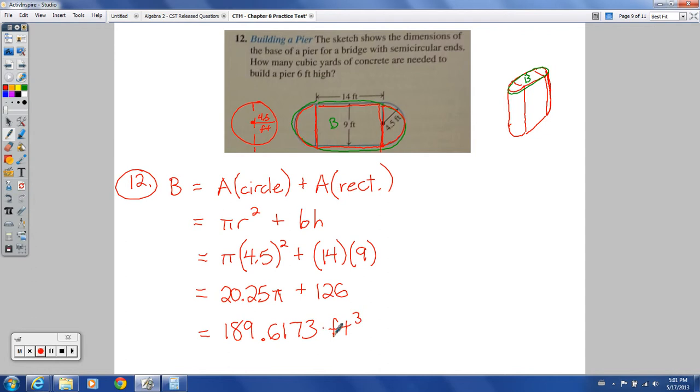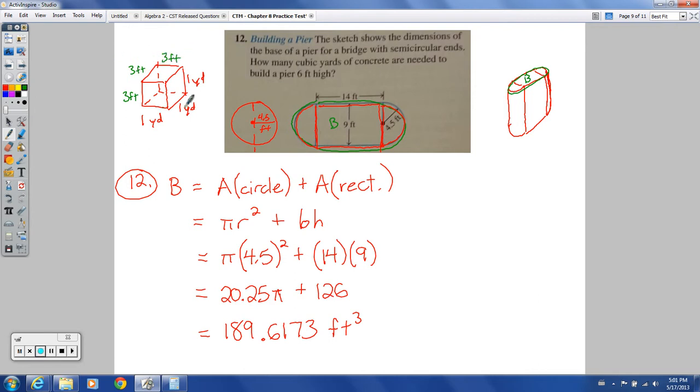This is not yards cubed, however. So you have to think about how that differs. This is in terms of volume. If I considered a 1 yard by 1 yard by 1 yard box, how many cubic feet would that be? That would be 3 feet by 3 feet by 3 feet.